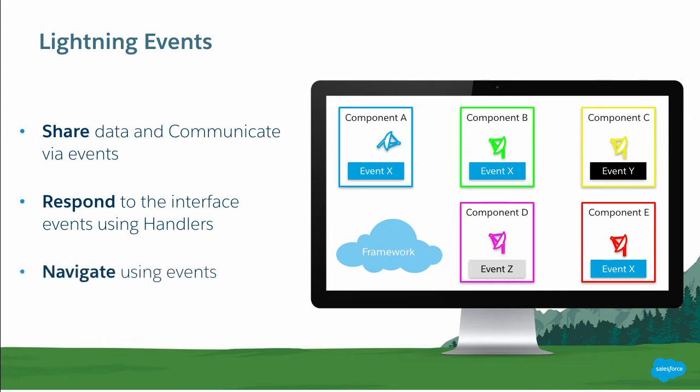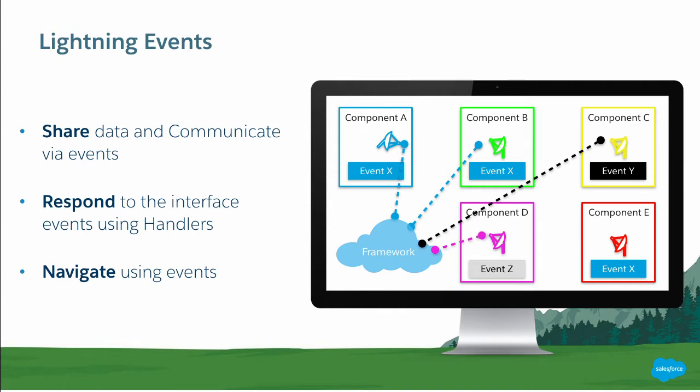Another type of event that we're going to take a look at is navigation. So you want to take users to different places in the Lightning experience and Salesforce Mobile, so you can leverage navigation events to accomplish that. Here on the diagram, you see a visual representation of the eventing system of the Lightning framework.